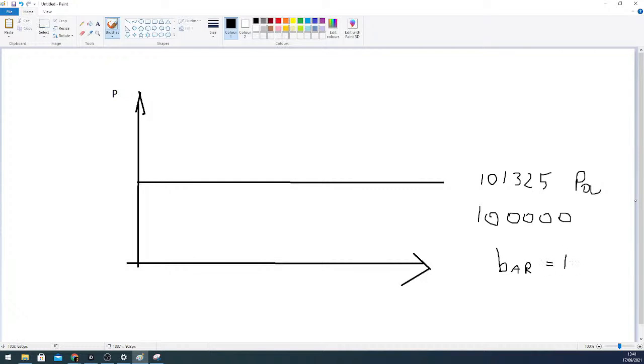Bar is 10 to the power of 5 pascals, which means it's 100,000 pascals. So in the technical world, we are usually saying that 1 atmosphere is basically 1 bar of pressure.